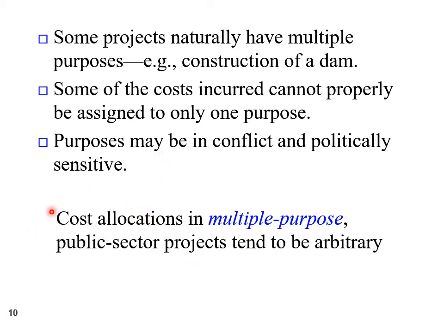And because of this, the cost allocation in such multi-purpose public sector projects tends to be arbitrary. I mean, the electricity price, the price of the water irrigation system, the price of the drinking water. Since there is no way to allocate the cost to these purposes, usually the costs are allocated arbitrarily.